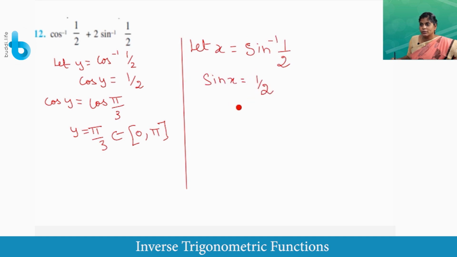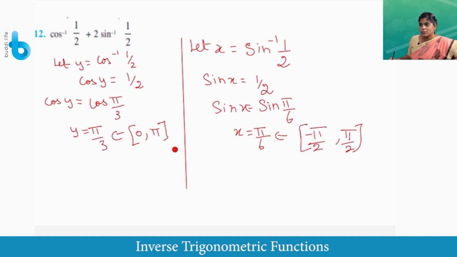When will the value become 1 by 2? When the angle is pi by 6. So sin x equal to sin pi by 6. Therefore, x equal to pi by 6, which belongs to the principal range, minus pi by 2 to plus pi by 2. So I got both the values.